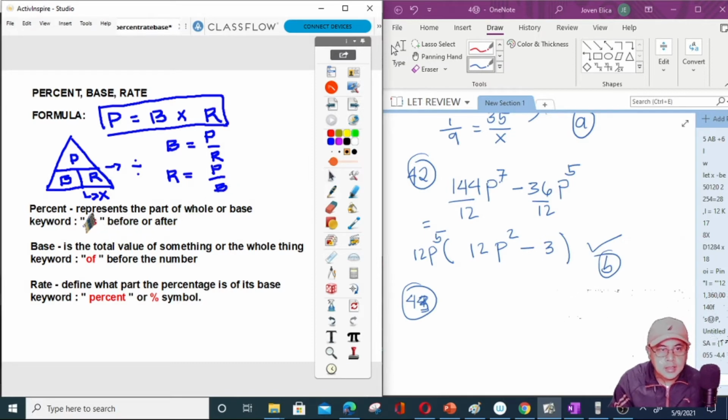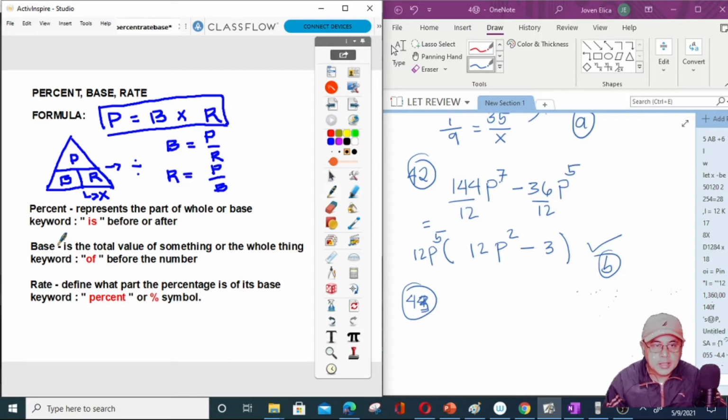Now, percentage represents the part of the whole or base. Part of the whole. Ibig sabihin, part lang siya nung kabuuan. Yun yung percent. And in a worded problem, ang keywords na lagi mong titingnan is the word "is".